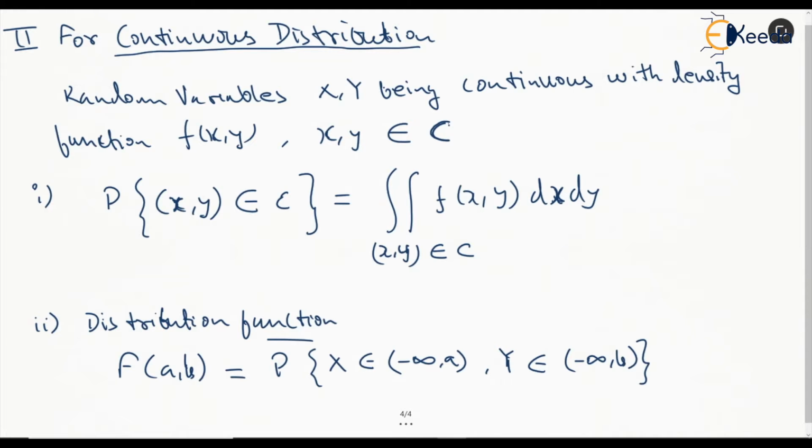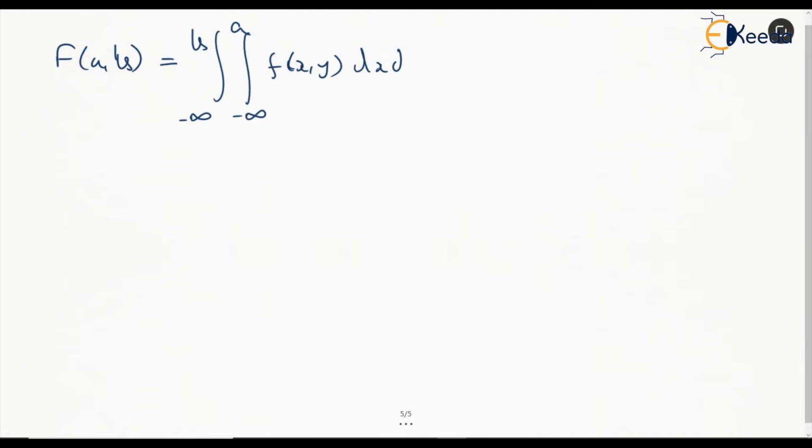So obviously when it is for a range, we take the lower limit for x as minus infinity, and the lower limit for y also as minus infinity. The upper limit will be a and the upper limit will be b, making sure that it lies in the region. So the distribution function F of a, b is the double integral from minus infinity to a and minus infinity to b of the function, with integration dx dy, right?